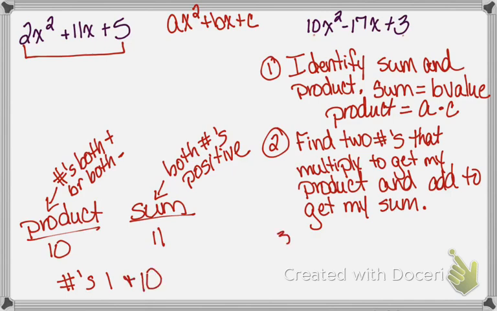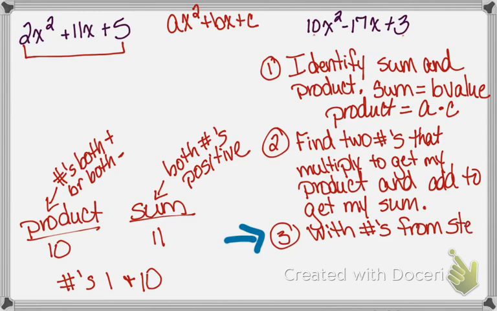Now this step right here, this is the step that students get lost. With the numbers from step 2, split the B value.